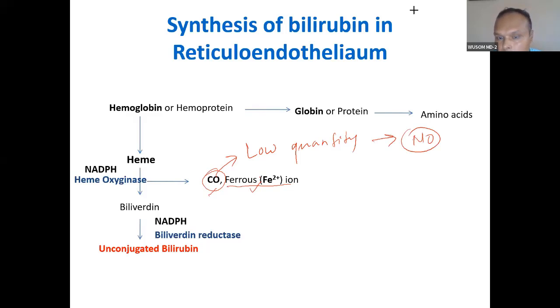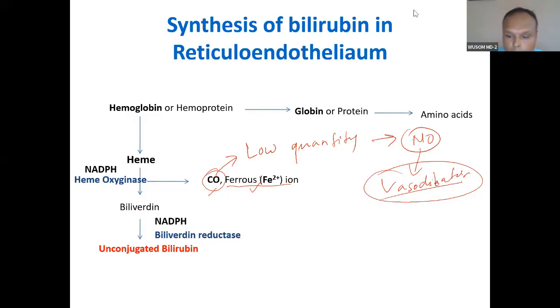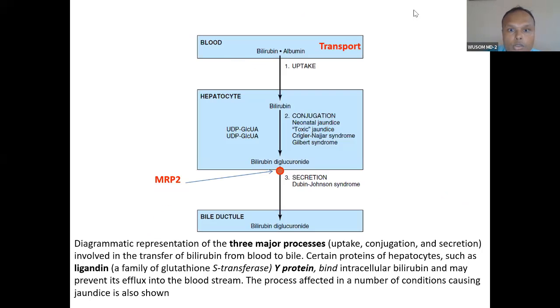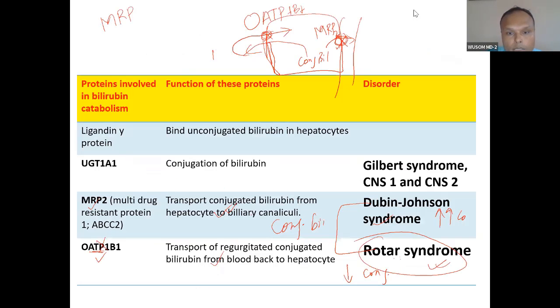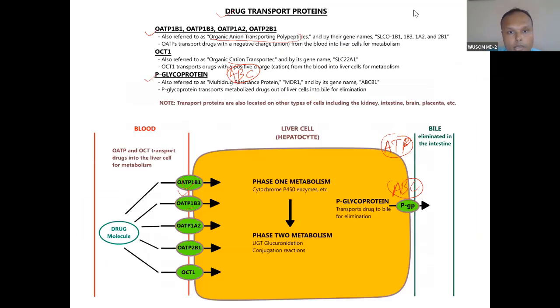Remember that nitric oxide is a vasodilator, so carbon monoxide also performs like a vasodilator. A very slight amount of carbon monoxide released from heme catabolism will function as a vasodilator in the spleen and other places. So this is the significance of this byproduct.